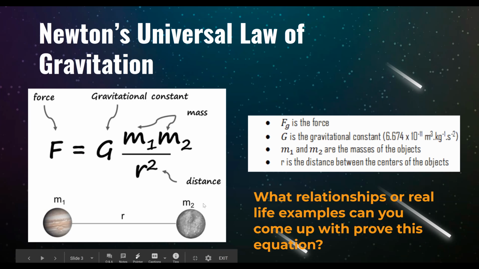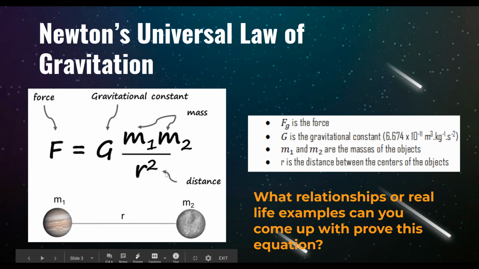So looking at this equation, can you form any relationships or anything that you think might prove this equation? Okay, I'll give you an example. You see M1 and M2 are on the top. For fractions, if you increase the numerator, what happens to the value that you get?